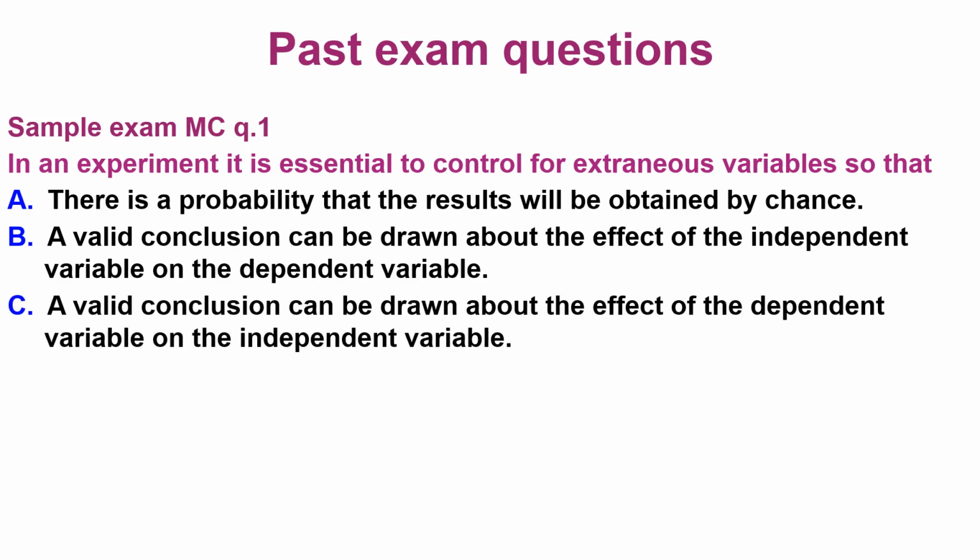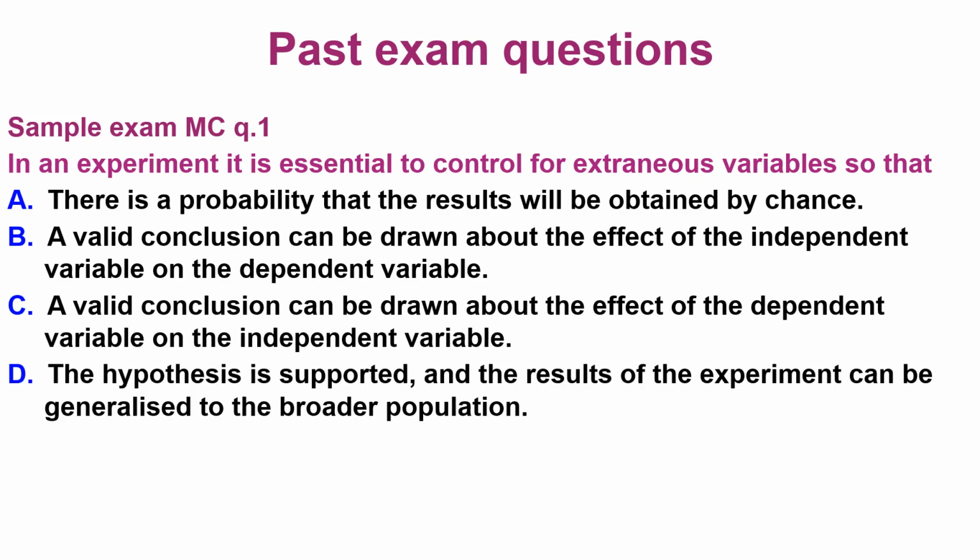A valid conclusion can be drawn about the effect of the DV on the IV. So again, look out for that, I guess, fatigue when we're working our way through these multi-choice questions, because again, the opposite's true, as reflected by B there. And then D, the hypothesis is supported and the results of the experiment can be generalized.